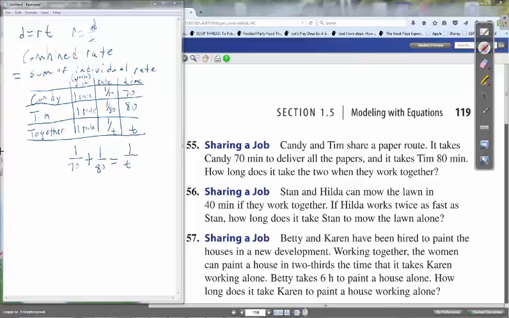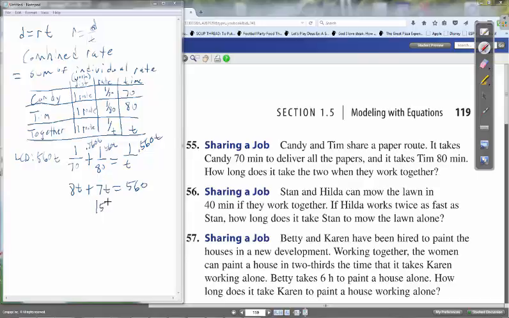Just clear fractions. Least common denominator is going to be, see, 7 and 8 both go into 56, so 560T. So I multiply that through, 560T, 560T, 560T. I will get 8T plus 7T equals 560.